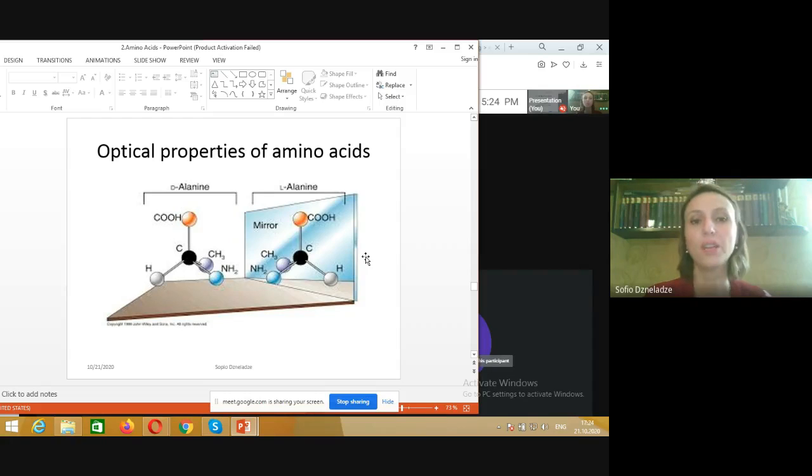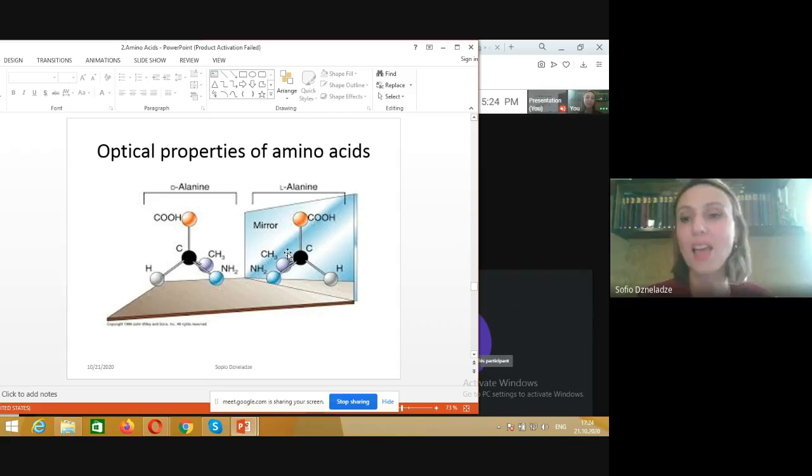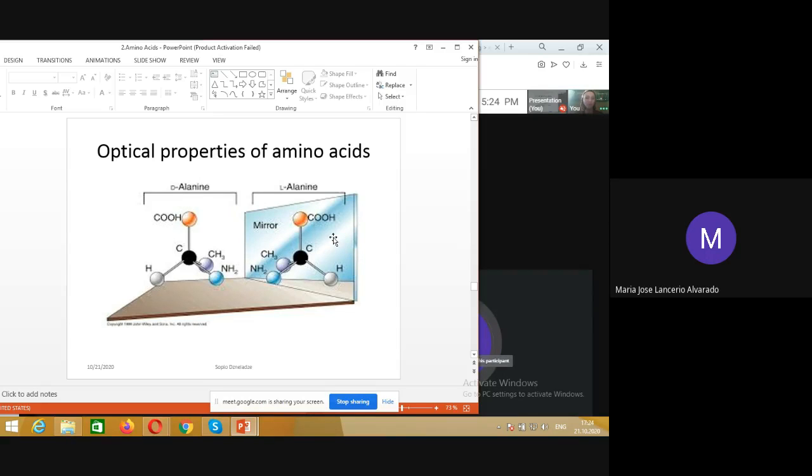Yes, so there are two different types, D and L, dextro and levo rotation. In that case, we can see that just L amino acids are found in our body. Just the L form of amino acids.